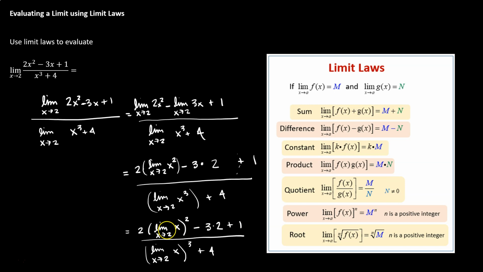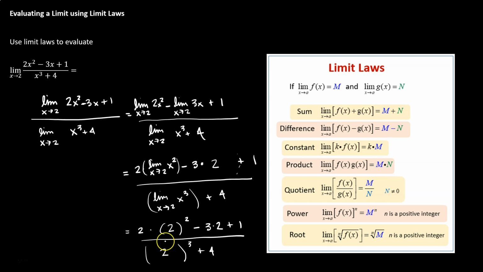We're looking at the limit of x as x approaches 2, so I know I can replace that with the number 2. But don't forget that that's being squared. And then in the denominator, I'm looking at the limit of x where x approaches 2. I can also replace that with the number 2.